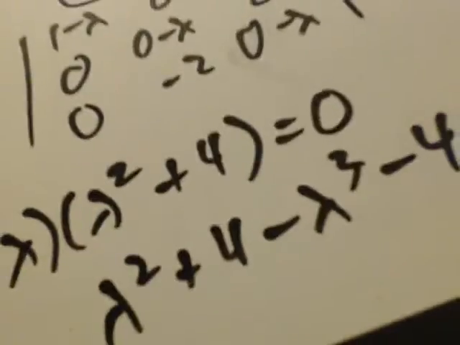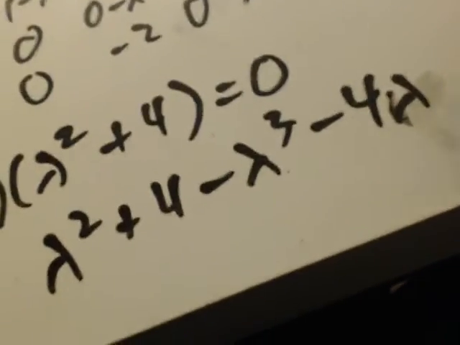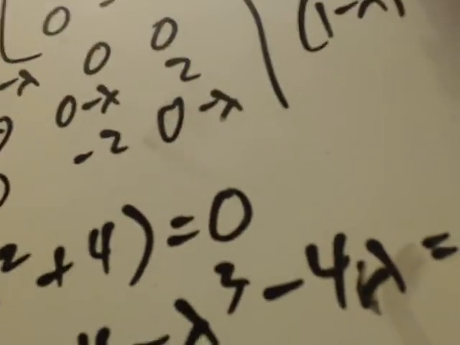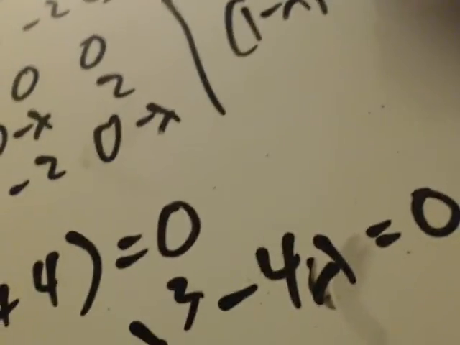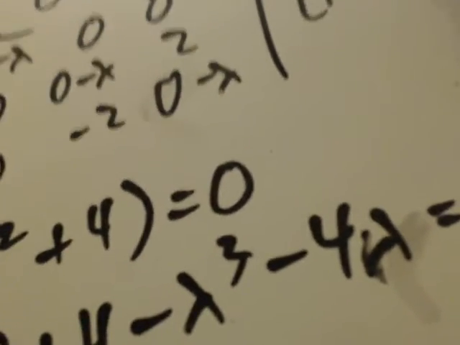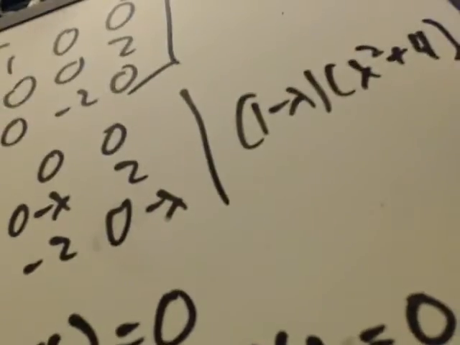So we have here lambda squared plus 4 minus lambda cubed minus 4 lambda is equal to 0. So, therefore, you'll have to trust me on this one. I have a 1 minus lambda in this thing. I'm not going to show the division. And after I do that, I am going to get out a lambda squared plus 4. I thought it easily factored. It doesn't, so that equals 0, by the way.